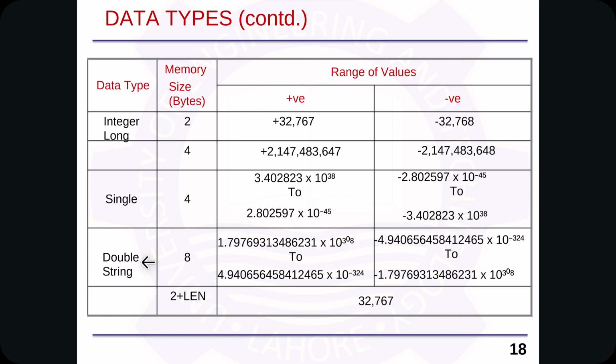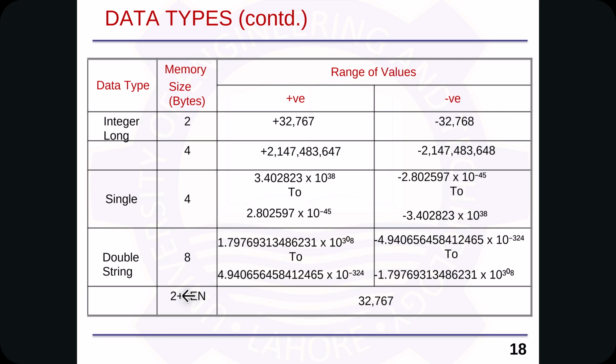The integer is used, the long data type is used, the single data type is used, the double data type, and the string data type. And we have memory allocations for each character or each number. An integer is a number.